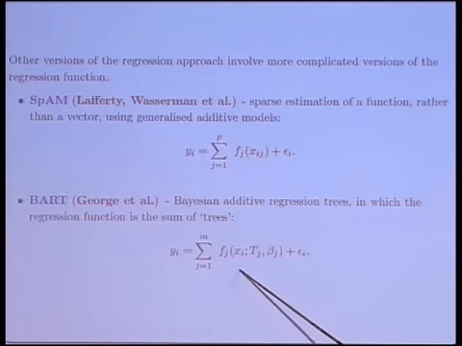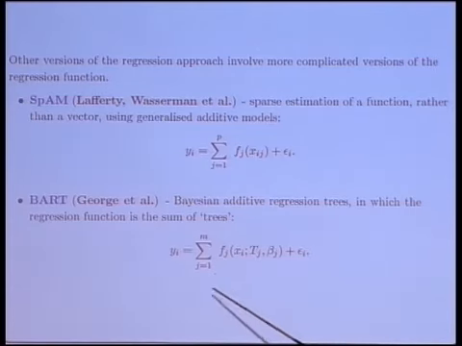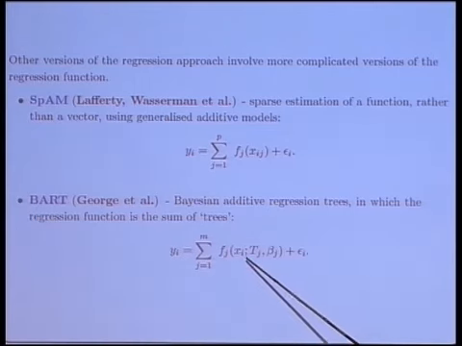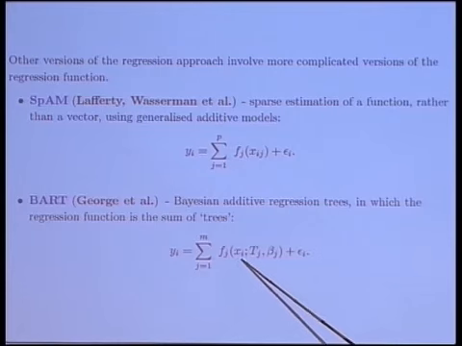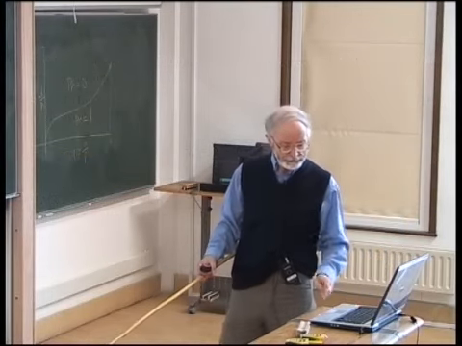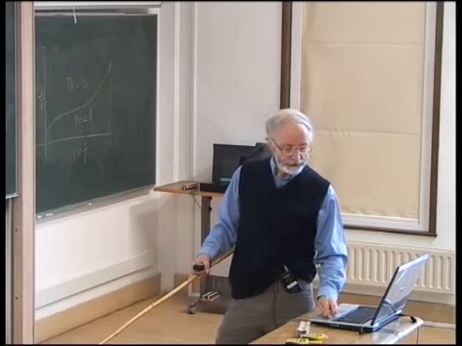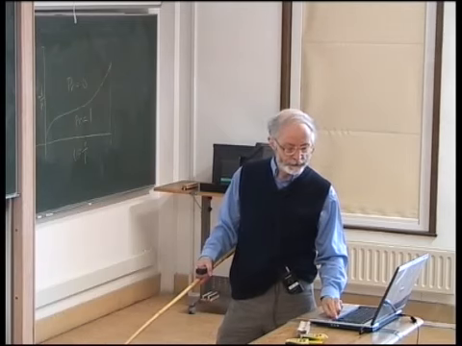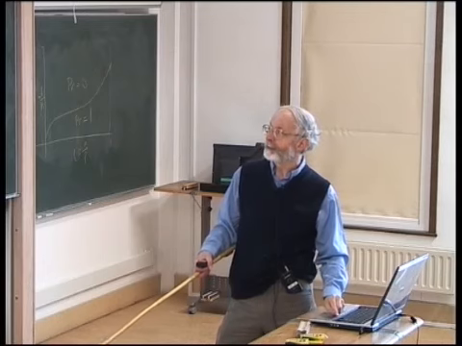Again, each term in the regression function is a so-called tree structure, and all the covariates, all the explanatory variables in principle could come into the tree structure. So all I want you to be aware of is that there are much more subtle things around than linear functions, linear regressions.